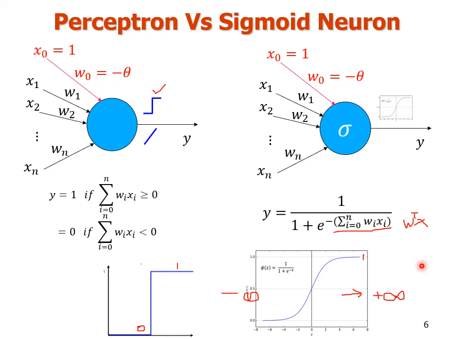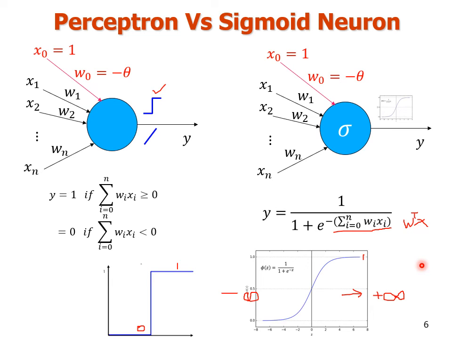So this seems more realistic. Of course we may apply the thresholding concept here at 0.5 once again, so that we may transform the result in terms of 0 and 1.